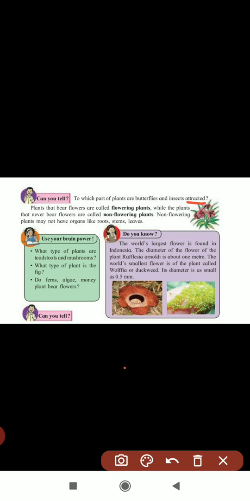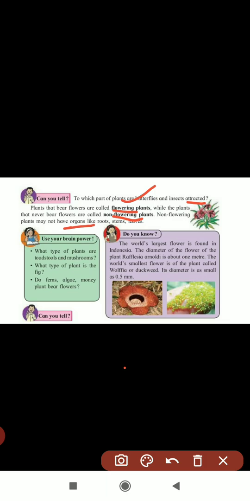So some plants bear flowers and are called flowering plants, while the plants that never bear flowers are known as non-flowering plants. The plants that have flowers are known as flowering plants, and the plants that never bear flowers are called non-flowering plants. Non-flowering plants may not have organs like root, stem, and leaves.